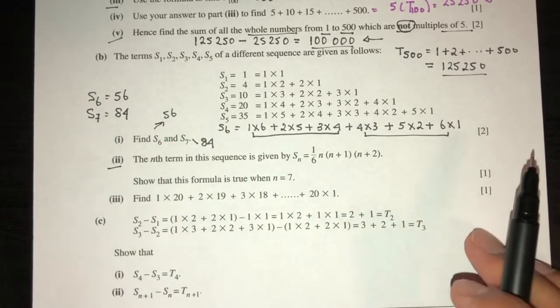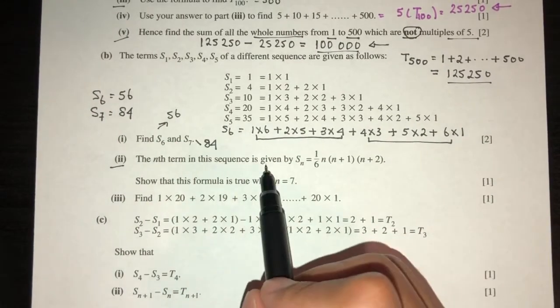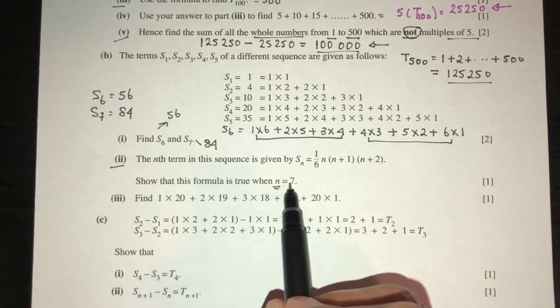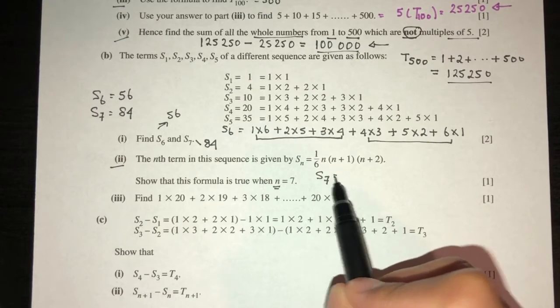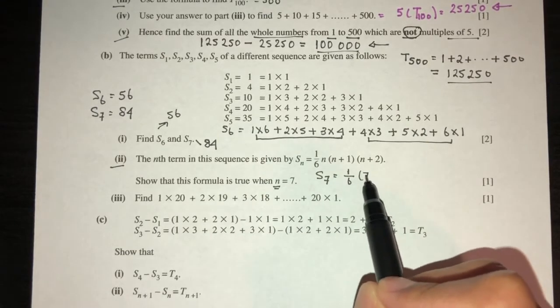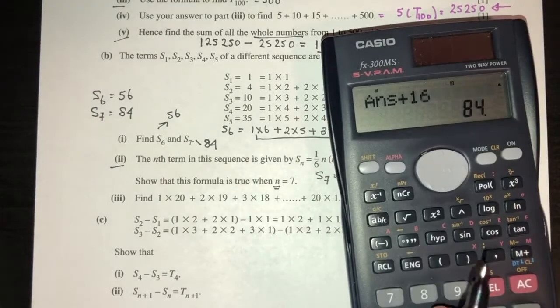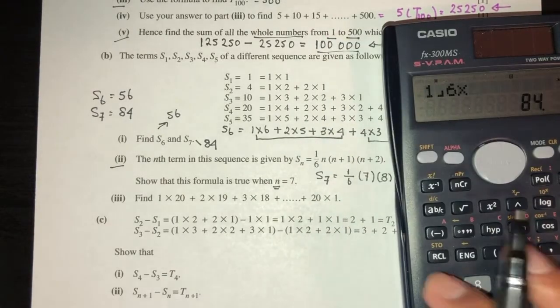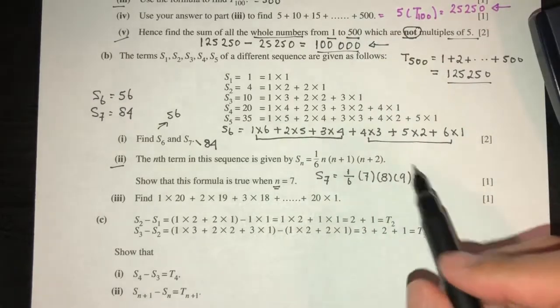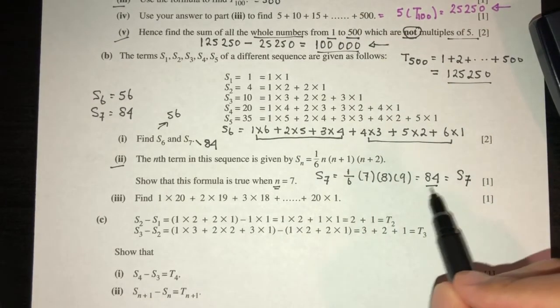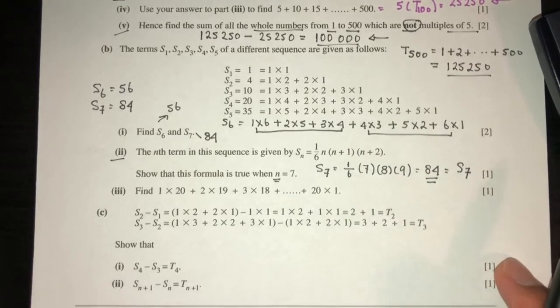Now this one says the nth term in this sequence is given by this formula. Show that this formula is true for n equal to 7. So Sn is equal to 1 over 6 times 7, 8, and 9. That will be 84, which is equal to S7. So this is shown as required.